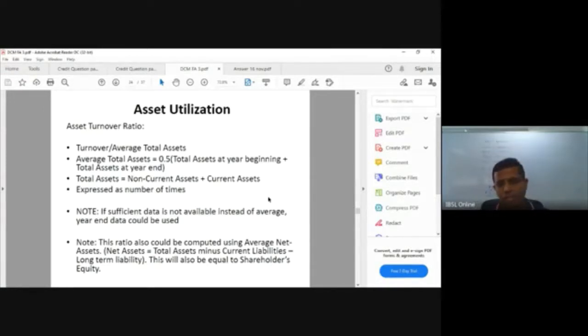So which company is better? Higher the number of times, better it is. Using your assets, how many times you can generate your sales, that's a kind of efficiency that we have to maintain, right?